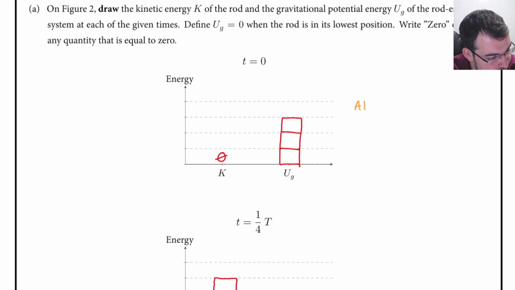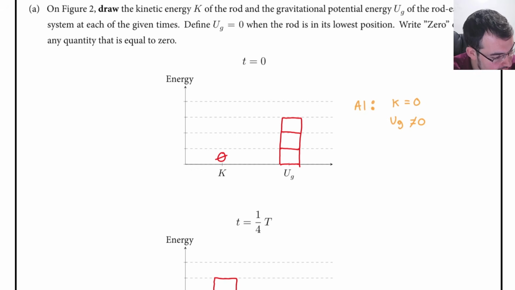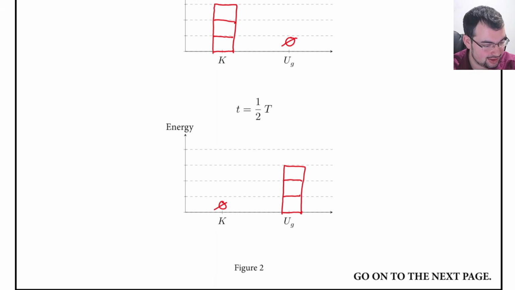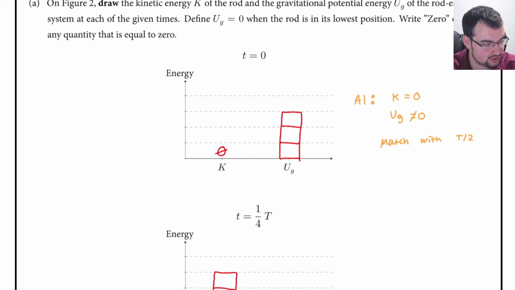So to get A1, you had to say K was equal to 0 at this time, and you had to say UG was not equal to 0 at this time. And you had to say match with T over 2. So to get point A1, you had to have matching bar charts at 0 and T over 2. And you needed kinetic to be 0 and gravitational to be not 0.